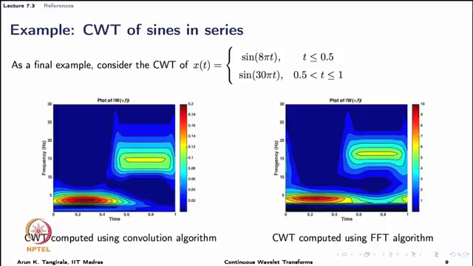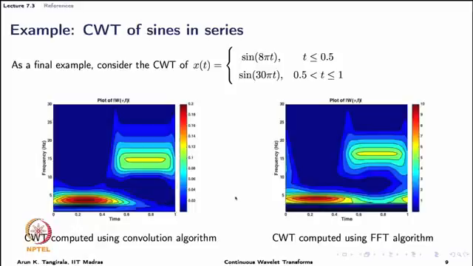Besides the similarities, you should notice an important difference. In the second plot, computed by the FFT algorithm, the lower frequency appears towards the end, whereas, strictly speaking, we know that the lower frequency vanishes halfway through the time. In the convolution algorithm, I do not see the lower frequency resurfacing towards the end of the signal.